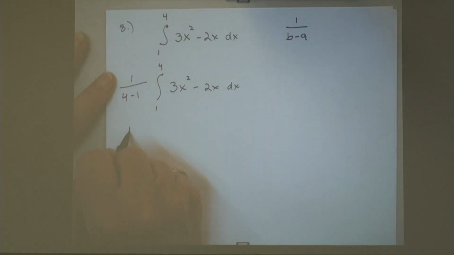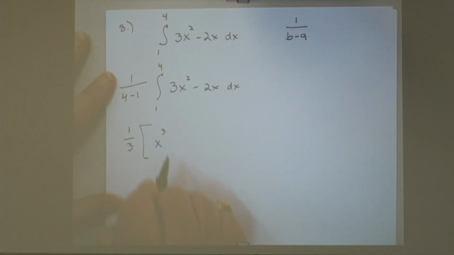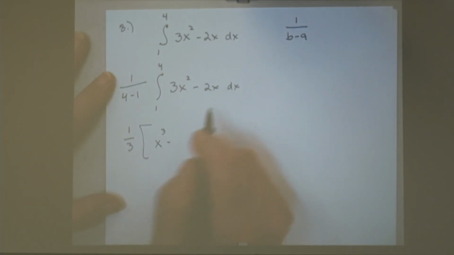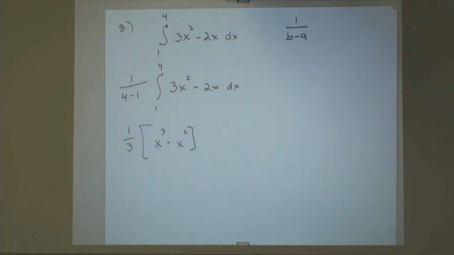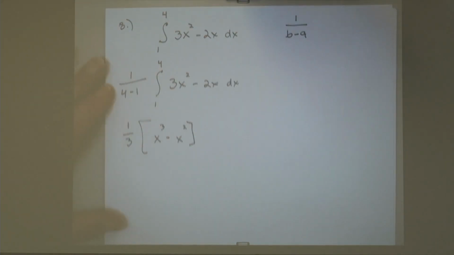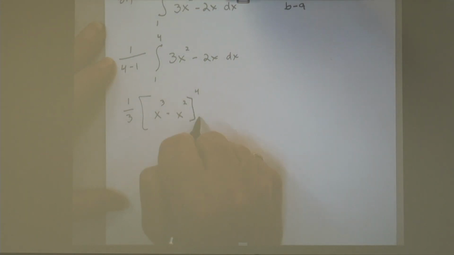So I have 1/3. My antiderivative, this seems almost too easy, x cubed. Is it seriously that easy? I get that, yeah, it sure is. After all we've been doing, that looks way too easy. 3x squared minus 2x, okay? And I'm integrating from 4 to 1.